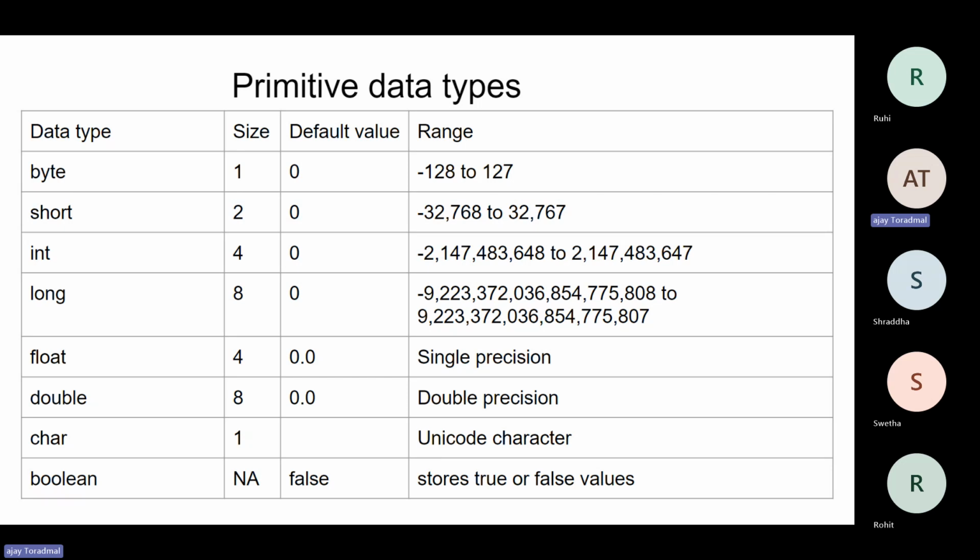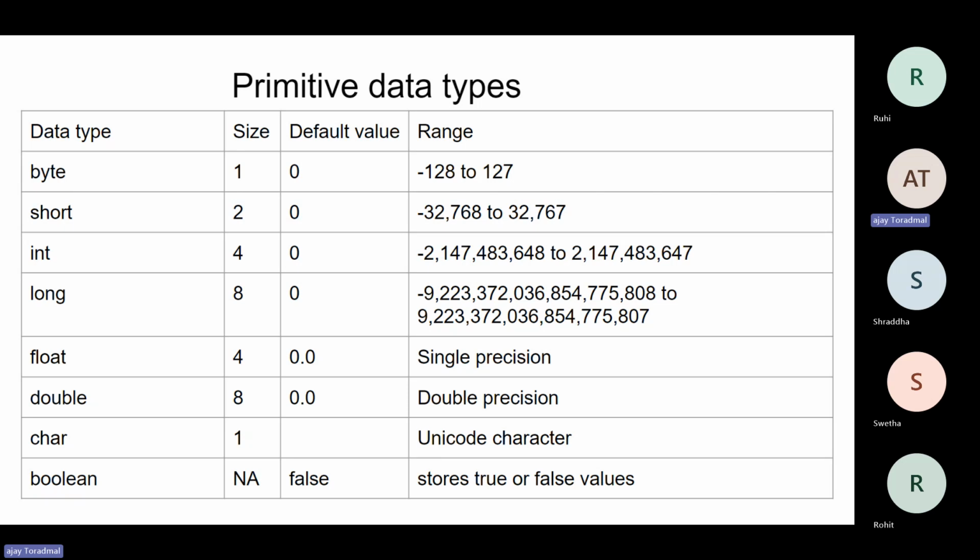Now, if you are declaring any short variable, in that case, what will happen? It will have a range from -32768 to 32767. It's not necessary for you to remember all these ranges.